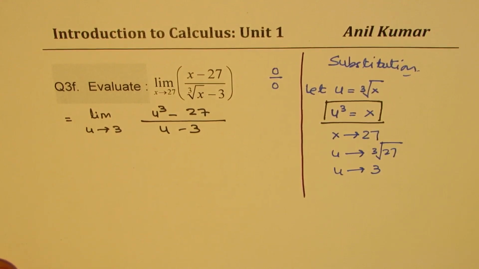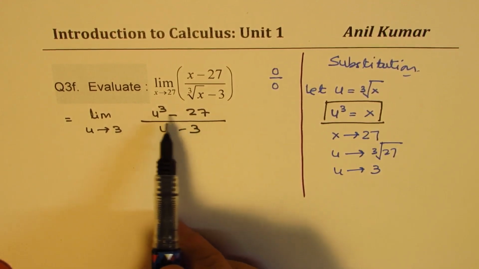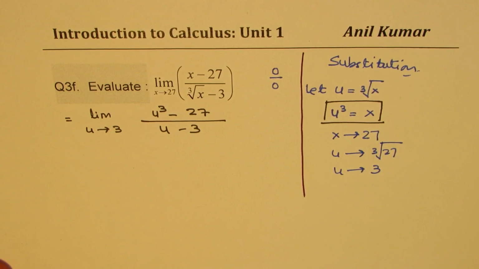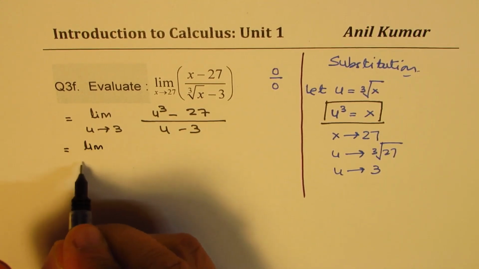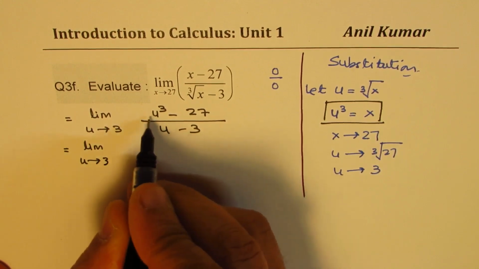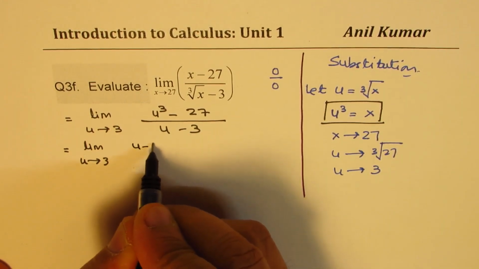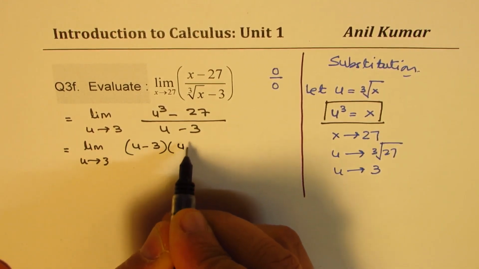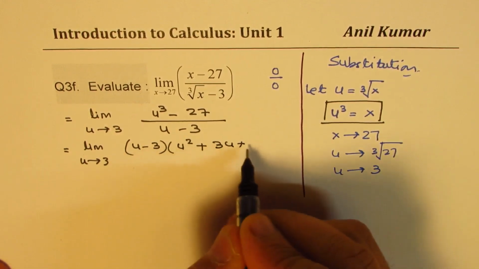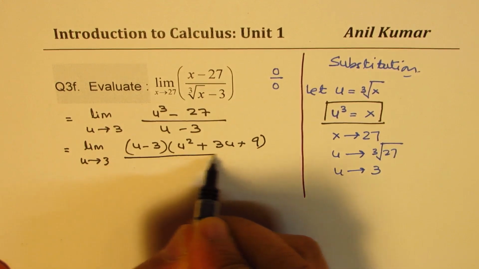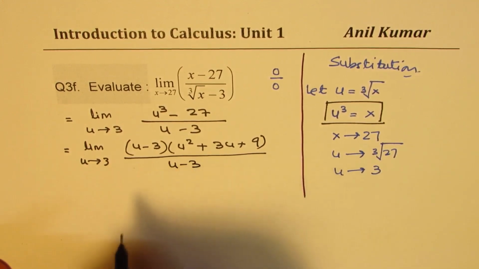Again, we'll use the factoring formula of a cube minus b cube to solve this question. We could now write this as the limit as u approaches 3, and the numerator could be written as u minus 3 times u squared plus the product of these two, which is 3u, plus the square of 3, which is 9, over u minus 3, correct?